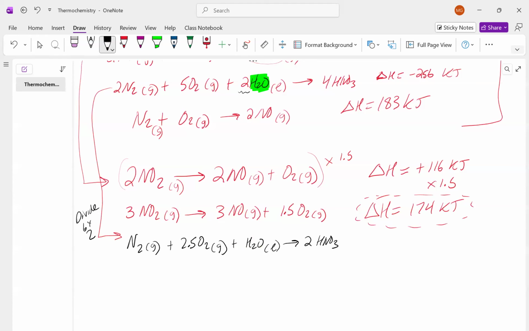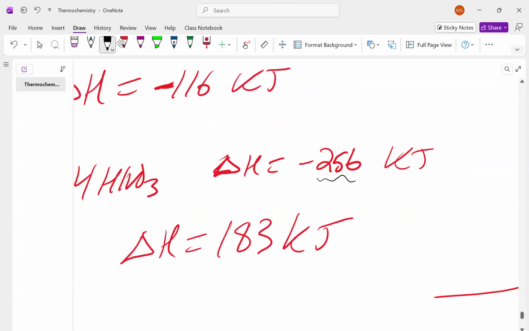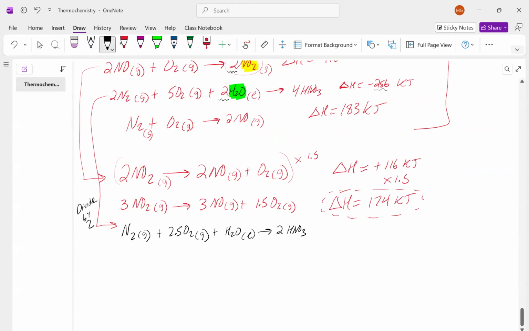Now, if I do that, what do you think should happen to my delta H here? Because I have half as many moles now. I'm going to divide it by 2. And I'm going to circle that to keep track of it.